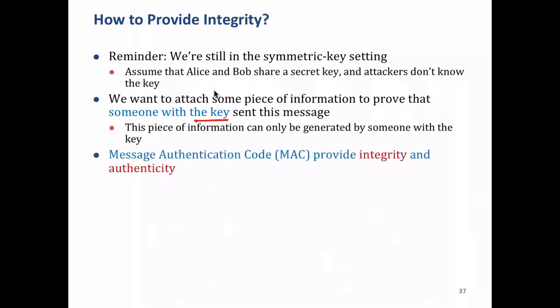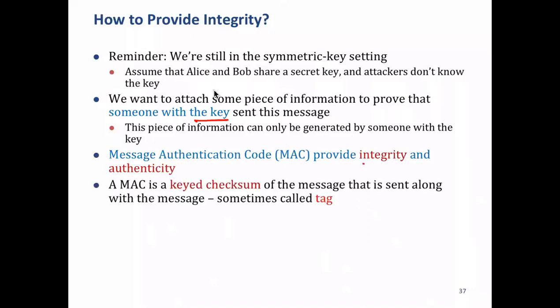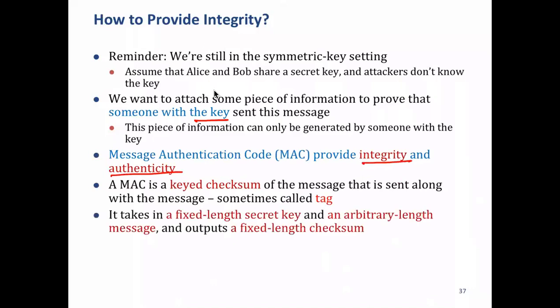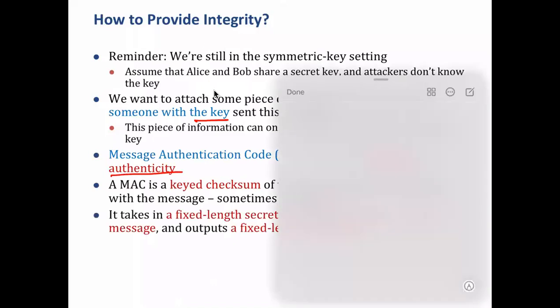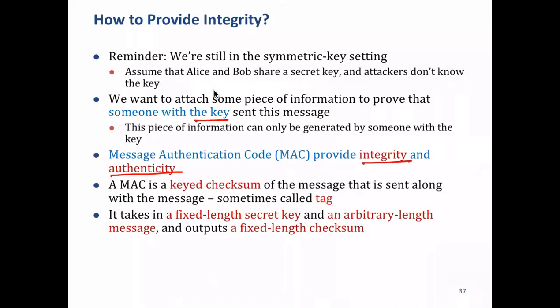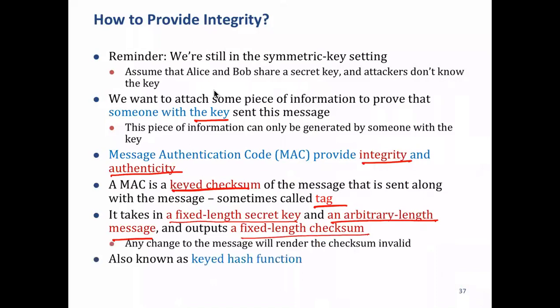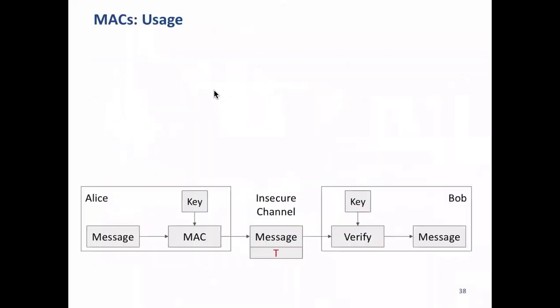MAC will provide both integrity and authenticity. It's also called a keyed checksum and tag, which we study later. It takes a fixed size secret key, an arbitrary size message, and computes a fixed length checksum.